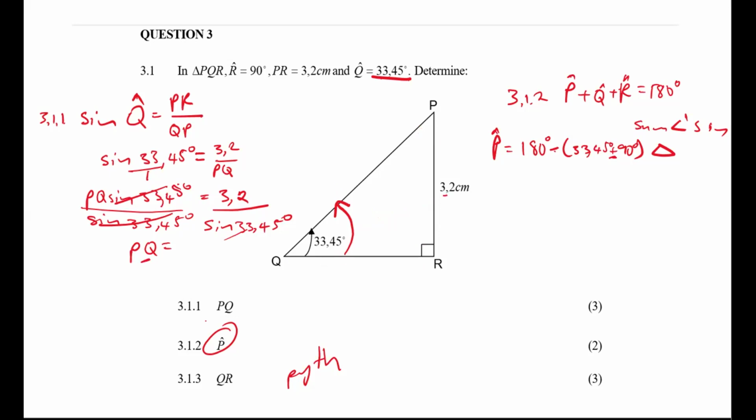For 3.1.3, you can say tan 33,45 degrees equals the opposite side, which is 3,2, all over the adjacent side, which is QR. Then you do cross multiplication, you get the answer.